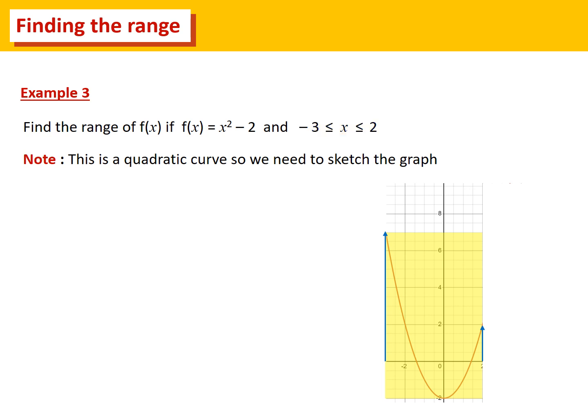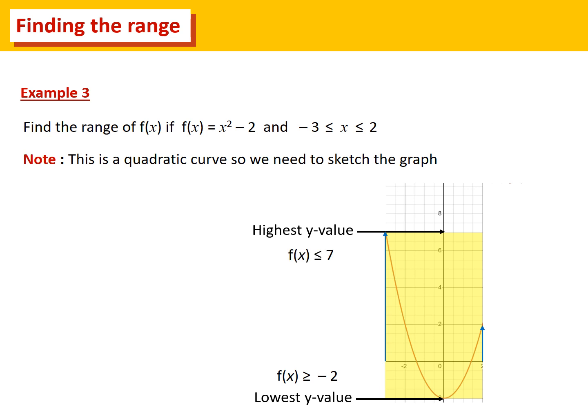We can see the lowest point on the graph, and that's at -2. So f of x is greater or equal to -2. And the highest y value is up at 7. So f of x is less than or equal to 7. And just to be absolutely sure of what that y value is, we put -3 into the function. -3 squared is +9, subtract 2 is 7.